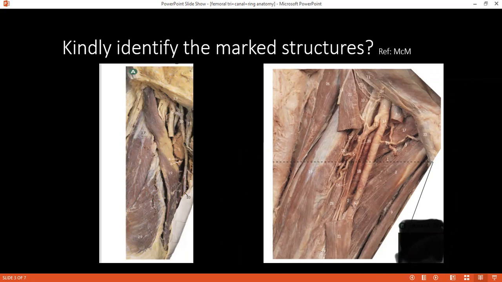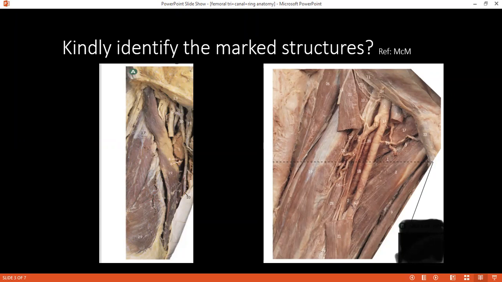Okay, we'll get to know that. Can you identify the structures on the right-hand side diagram? Which vessel is this? Can you identify this structure? Superficial femoral artery. We'll find out.